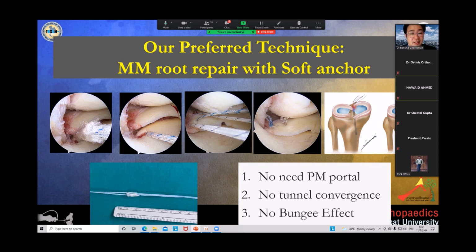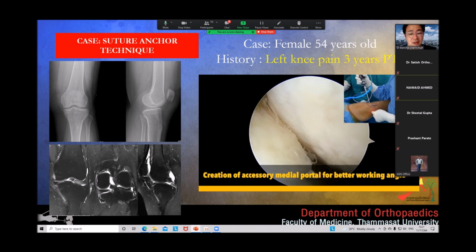So this is another technique. We use the suture anchor. Nowadays, I prefer using suture anchor instead of transtibial, because we found that in many patients I did the transtibial, the suture cut through the meniscus.